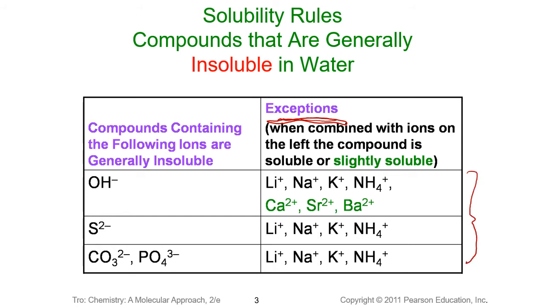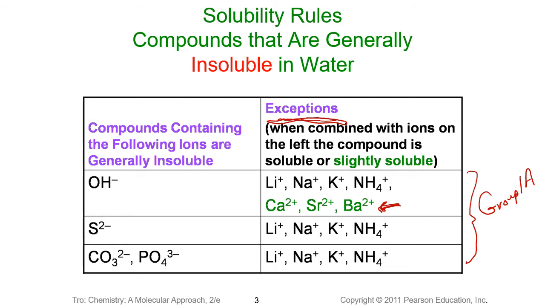Our exceptions are those group 1A compounds for all of our anions. For hydroxide, we have some that are slightly soluble, which means that they are mostly insoluble. So a little bit will dissolve, but most of it will stay as the solid.